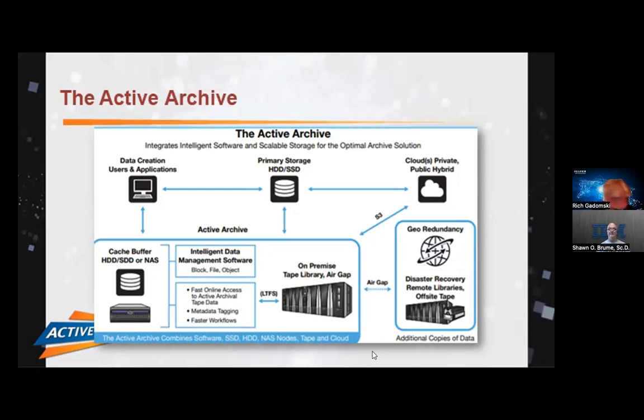Yeah, and Sean, what I like about Active Archive is, where the files are stored becomes transparent to the end user. As I mentioned, it's moving by policy at the right time, going to the right place at the right cost, and thereby minimizing cost as the frequency of access goes down.